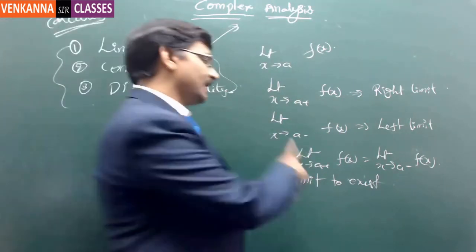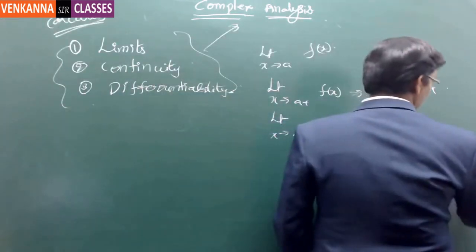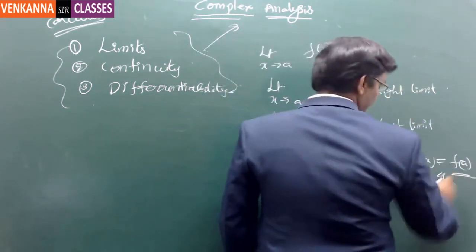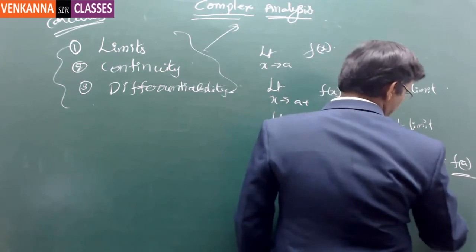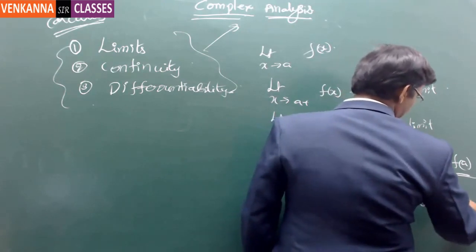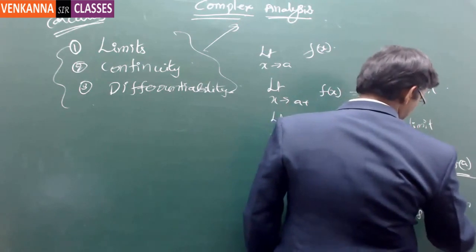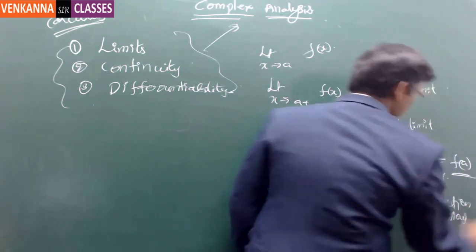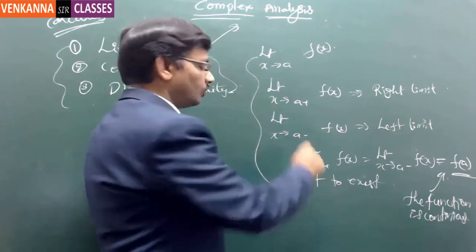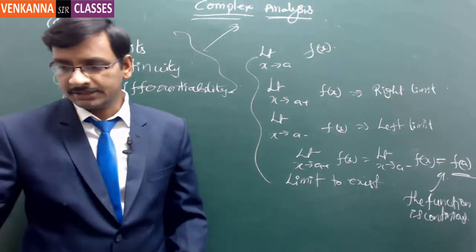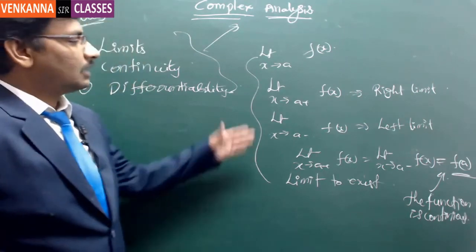Suppose the same value is equal to the function value at that point, that is f of a, then we say that the function is continuous. So this is the background that we need to understand before starting complex analysis from real analysis. Here there are two different aspects.